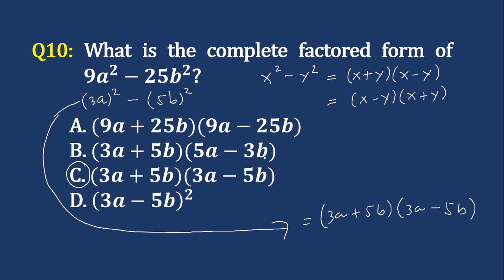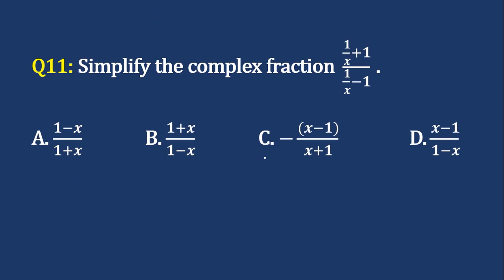Now let's have question number 11. Simplify the complex fraction 1 over x plus 1 over 1 over x minus 1. The most common way of solving this is by getting the LCD first. This is what most students do. Get the LCD. Let's do that, and then I'll show you a shorter way.